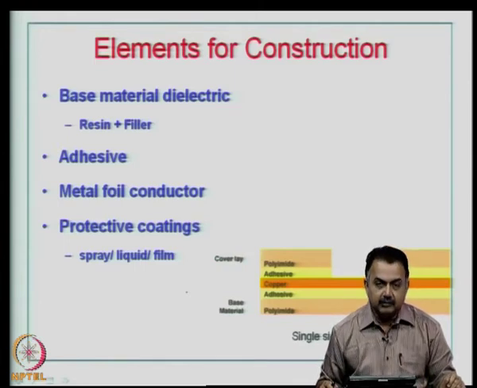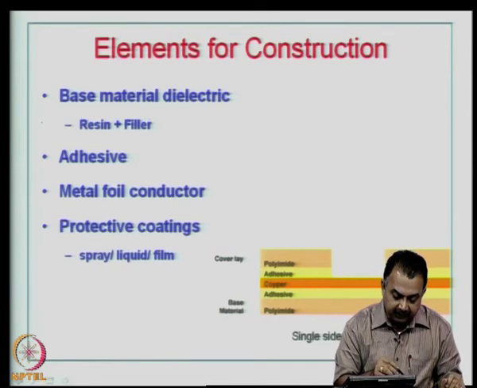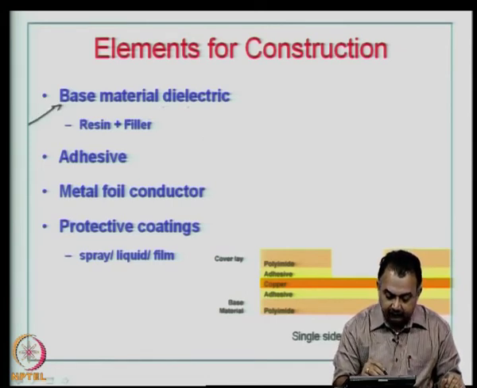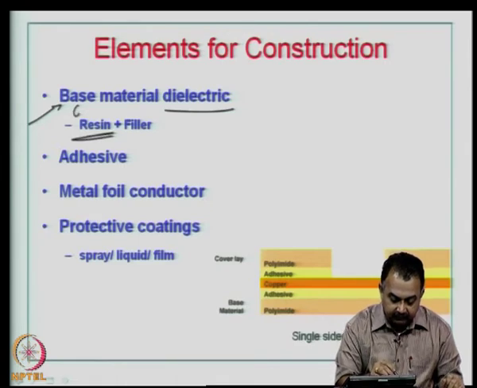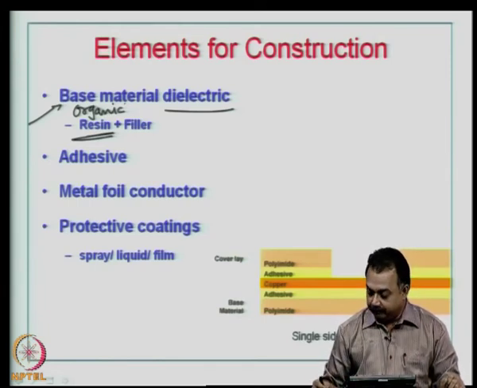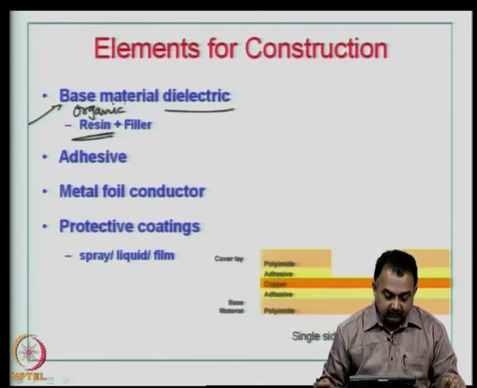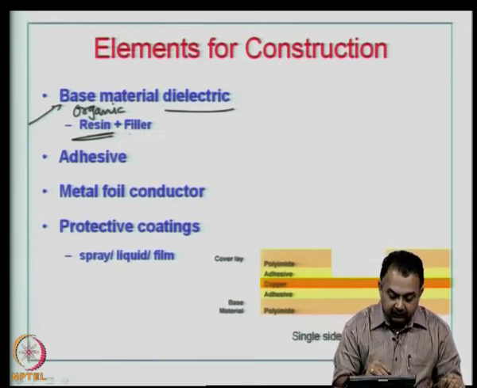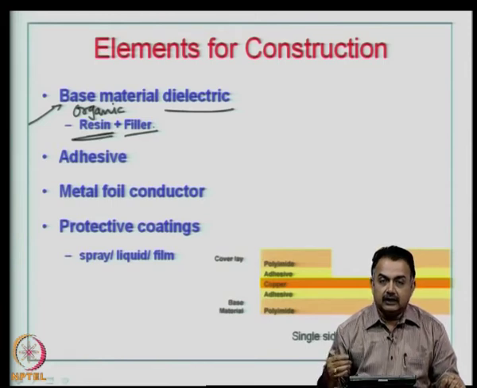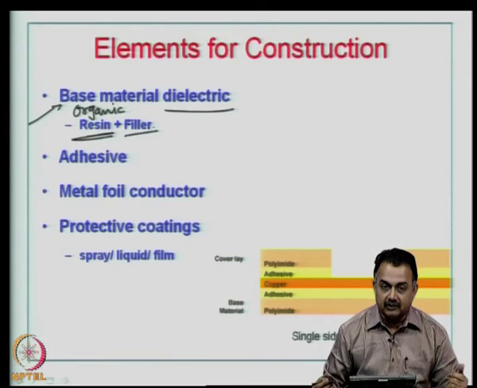Now, the basic elements for construction. It will essentially require a base dielectric material. You need some kind of an organic resin which provides the electrical characteristics that you desire. Again, you have a lot of choices of materials to choose from. Filler, you do not use to the extent that you use in a rigid PCB, because you need it to be flexible.